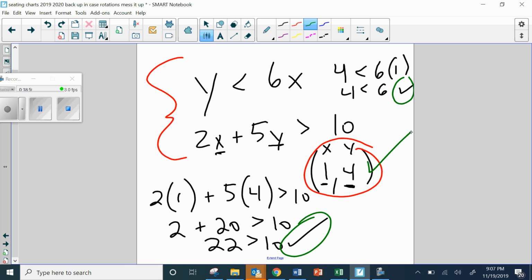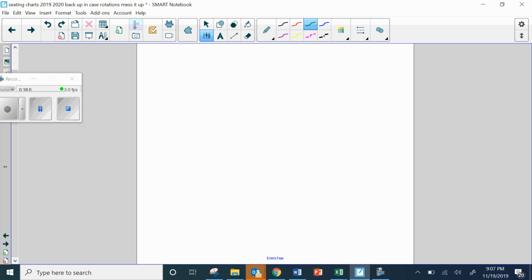The last thing, I'll do one. I think we probably did this one in class, but I'll do it again. So we did something like x plus y equals 3. This one's probably a little easier than what's on the test, I'll just let you know.